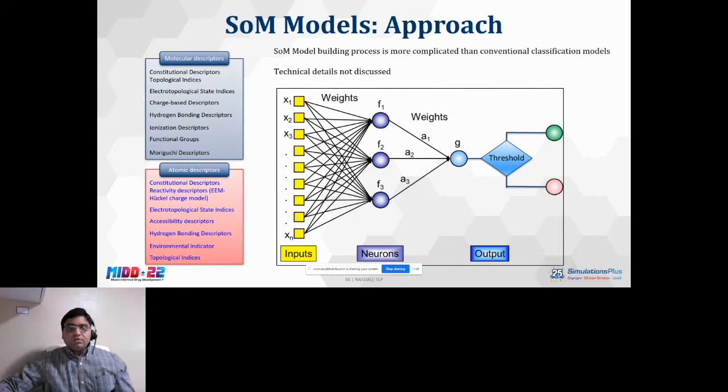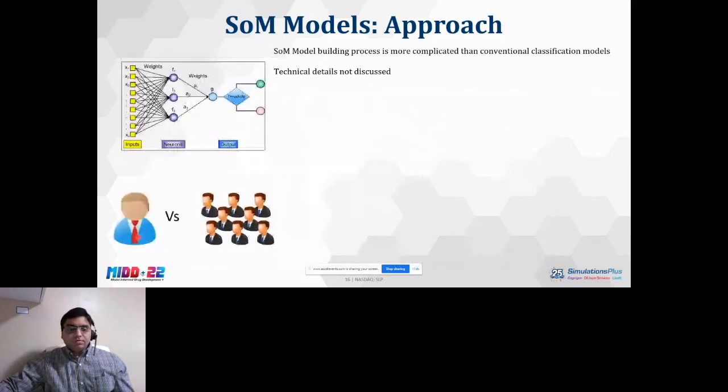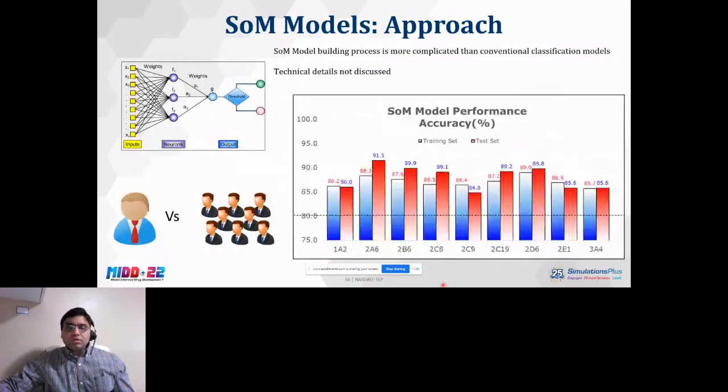Finally, following through the entire process of ensemble models and getting the final accuracy, we can see that almost all these models predict over 80% accuracy in predicting the correct site of metabolism in small molecules.